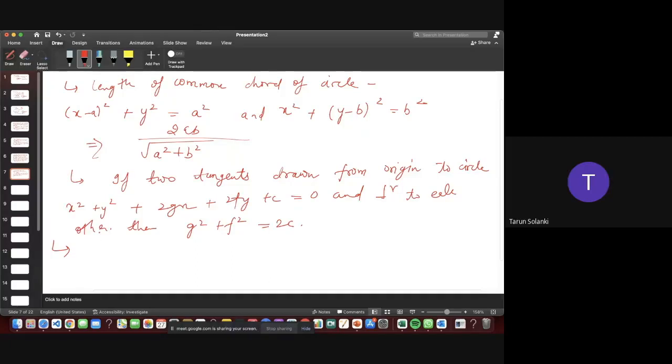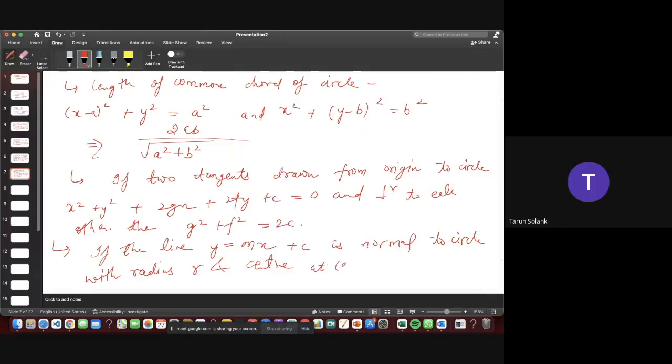Right. Next is, if the line y is equal to mx plus c is a normal to the circle with radius r and center at (a, b), then we can say b is equal to ma plus c.